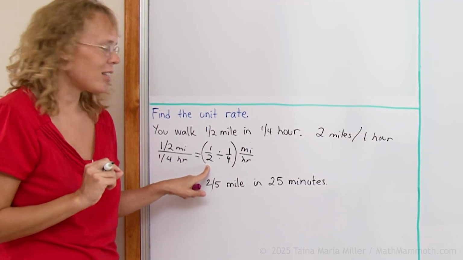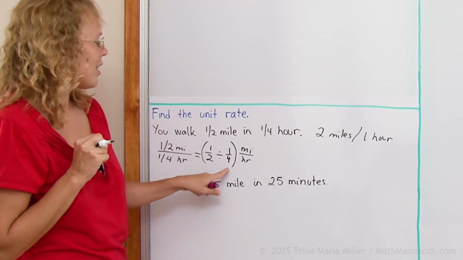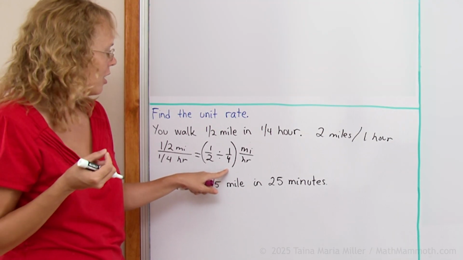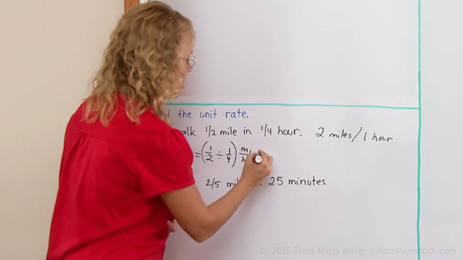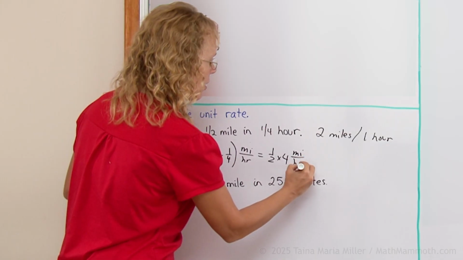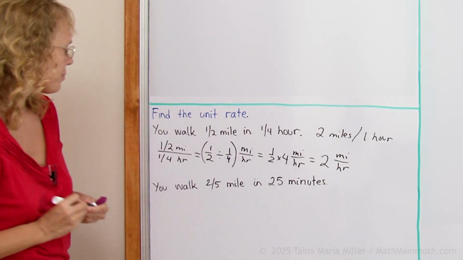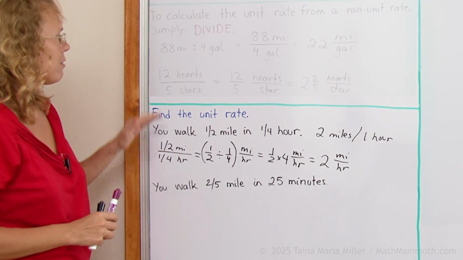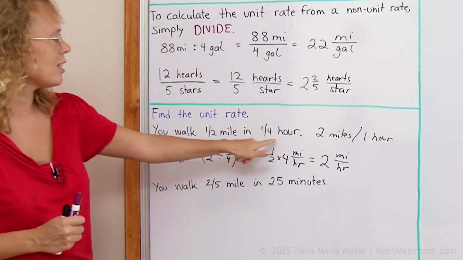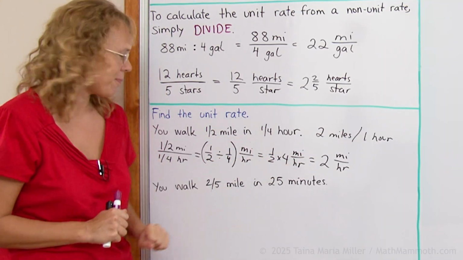The division changes into a multiplication. And then this changes into its reciprocal number, which is 4. So it is going to be half times 4 miles per hour, or 2 miles per hour, of course. So division works always for finding the unit rate, but sometimes, like in this case, we figured it out by multiplying because it was a fractional part of an hour.